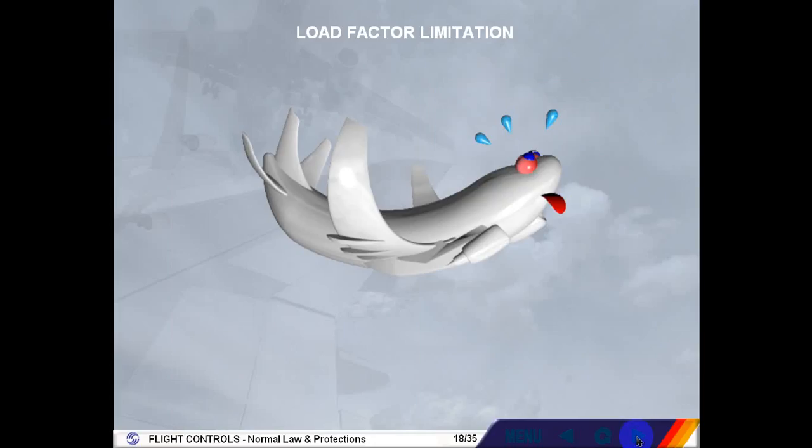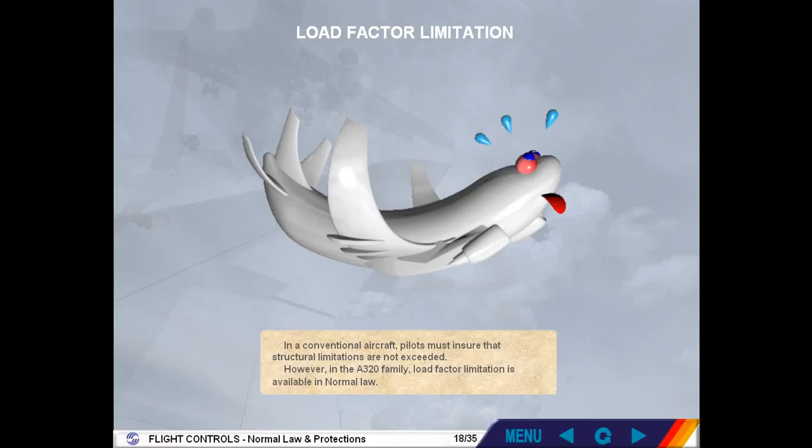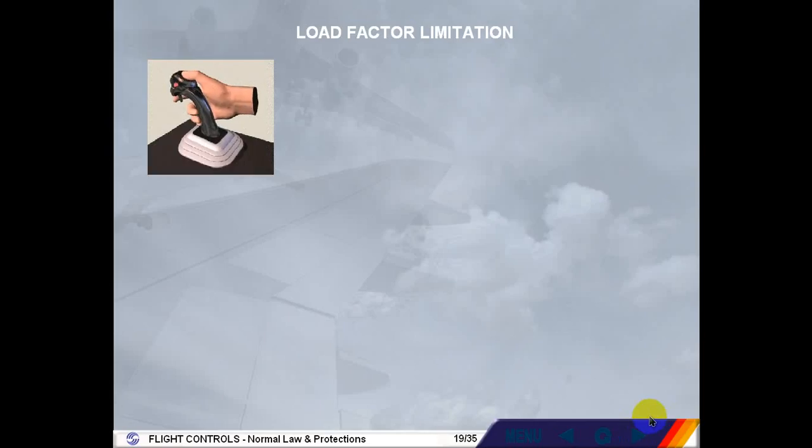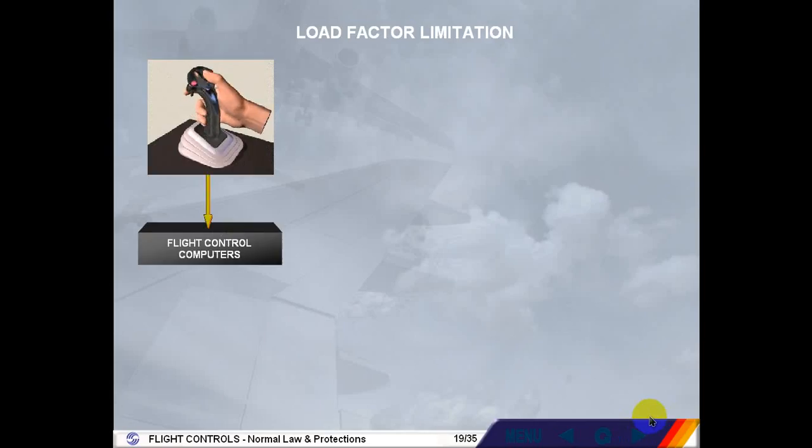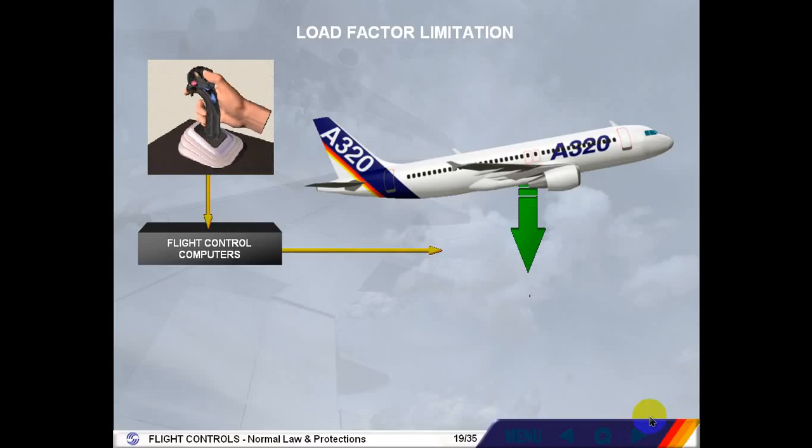In a conventional aircraft, pilots must ensure that structural limitations are not exceeded. However, in the A320 family, load factor limitation is available in normal law. Load factor limitation prevents structural overstress by limiting control surface deflections through the flight control computers.